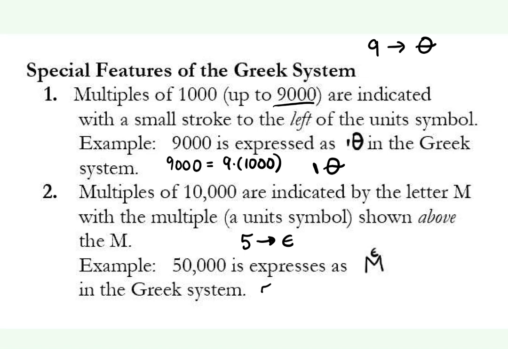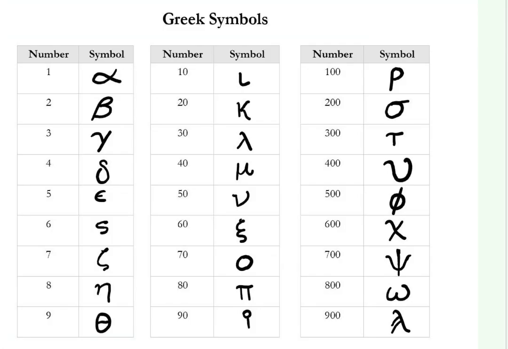So if we wanted to represent 50,000, 50,000 is the same thing as 5 times 10,000. It's a multiple of 10,000. So we would represent that in the Greek system by having the M symbol, which means multiply by 10,000. What are we multiplying by 10,000? 5. So with this, we can very quickly represent very large numbers through this system.